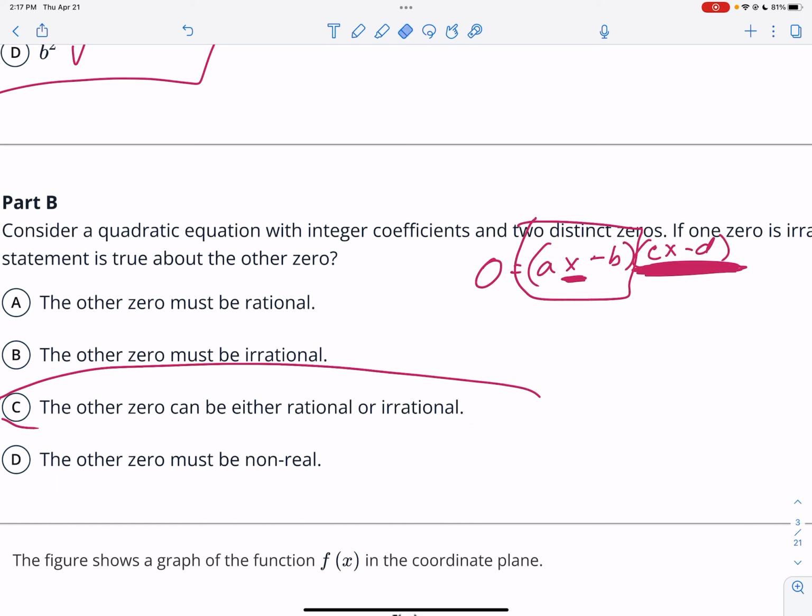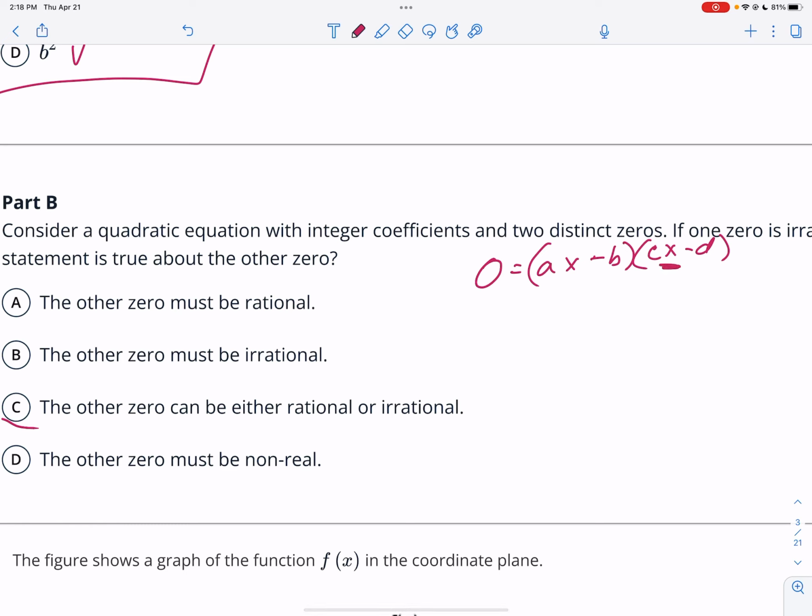Because again, going back to what we originally had, if x is rational, and we multiply by an integer which is rational, then we get something that's rational right here.